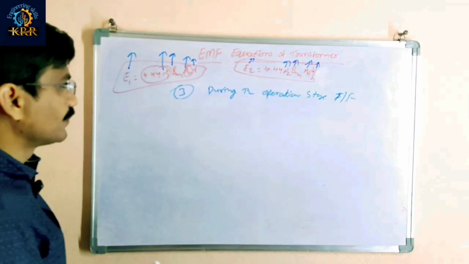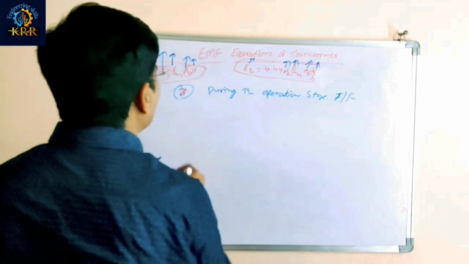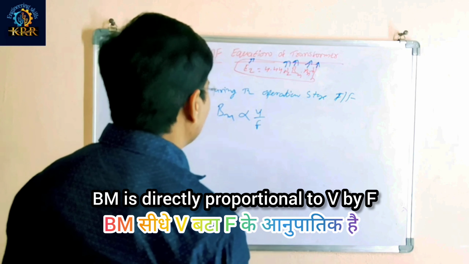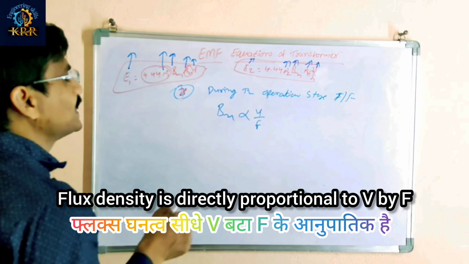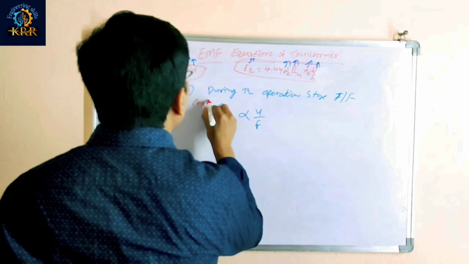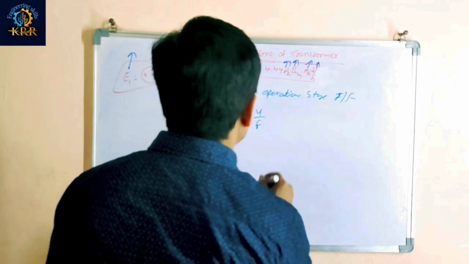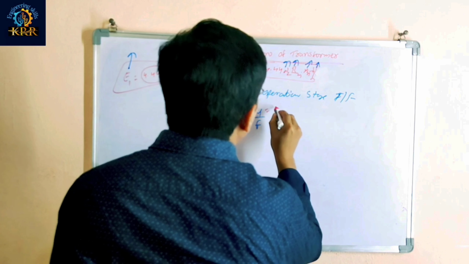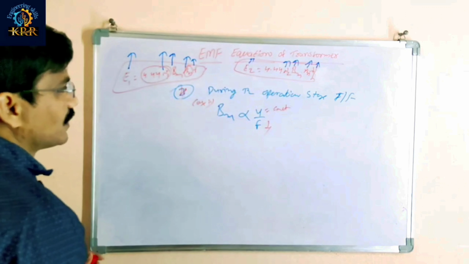During the operation stage of the transformer, in this case, Bm, the flux density, is directly proportional to V by F. In this case, voltage should be maintained constant and frequency you are reducing.